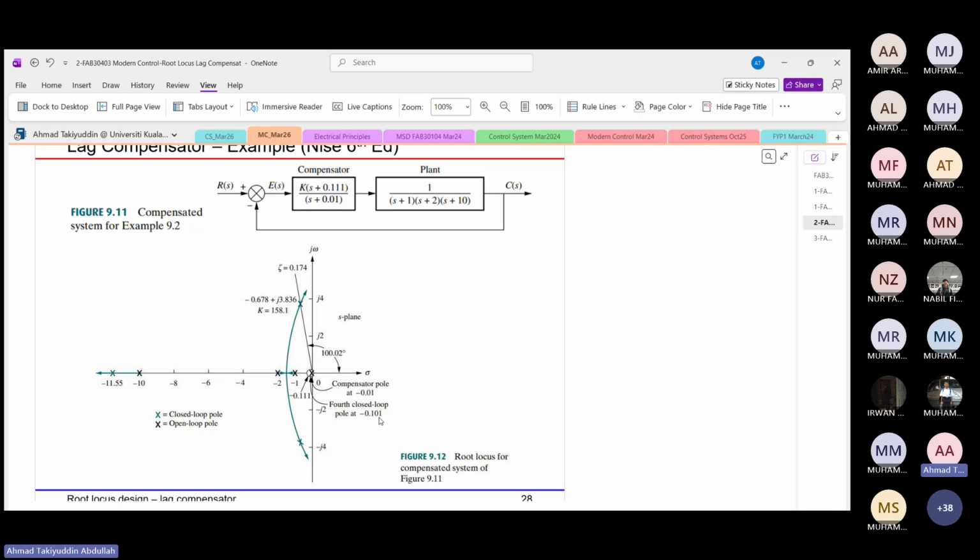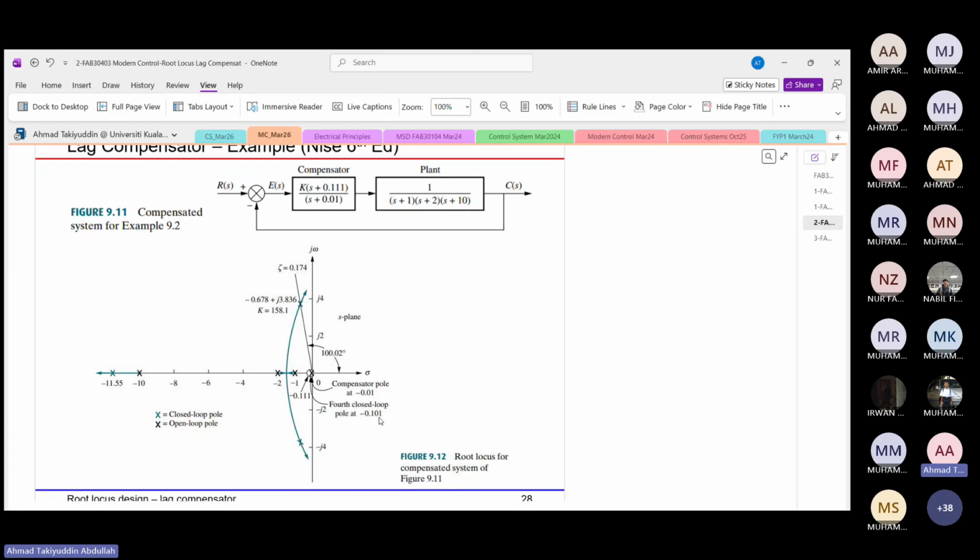The rule of thumb is always that the condition is ZC is greater than PC. How do you know the values for PC and ZC? You just assume one value for PC that is close to the origin.